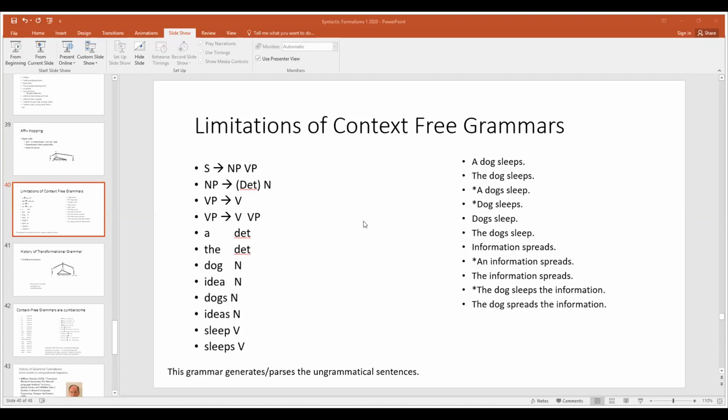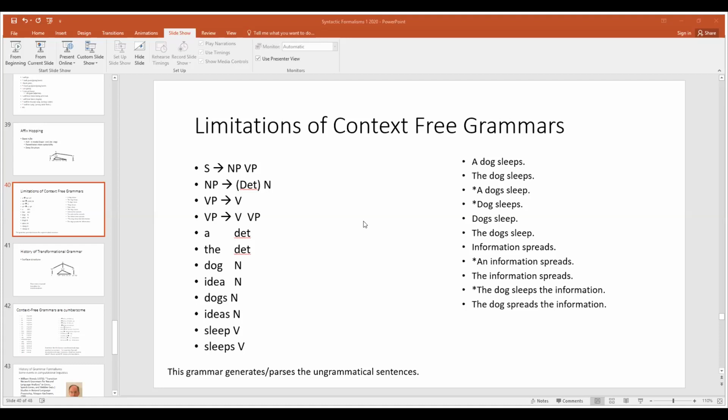So that we can say the information spreads, but we can't say the information spreads the dog. Because the rule says that, no, sorry, we can say the dog sleeps. Let me back up. I put spread in as intransitive and transitive. That's interesting.